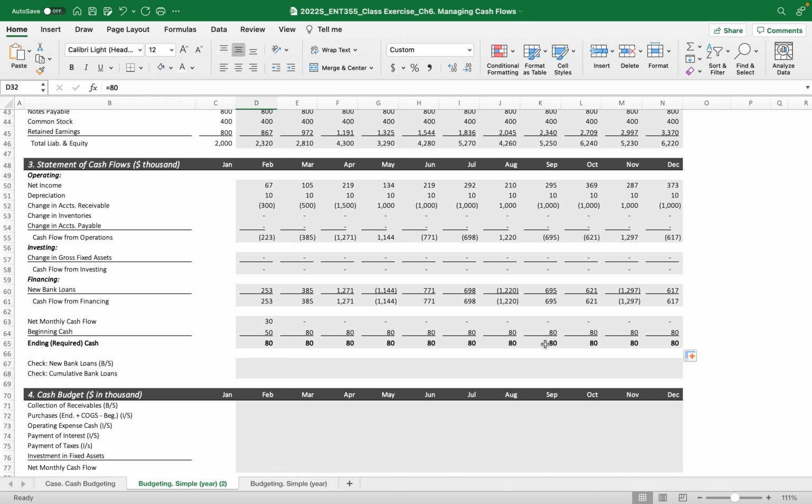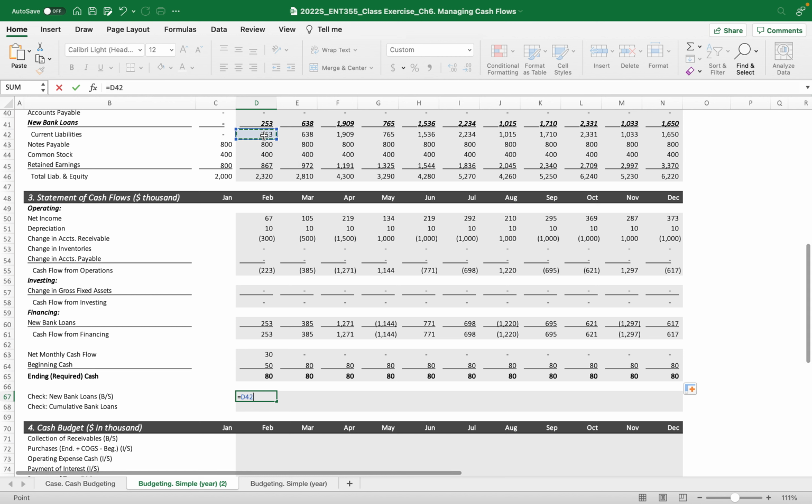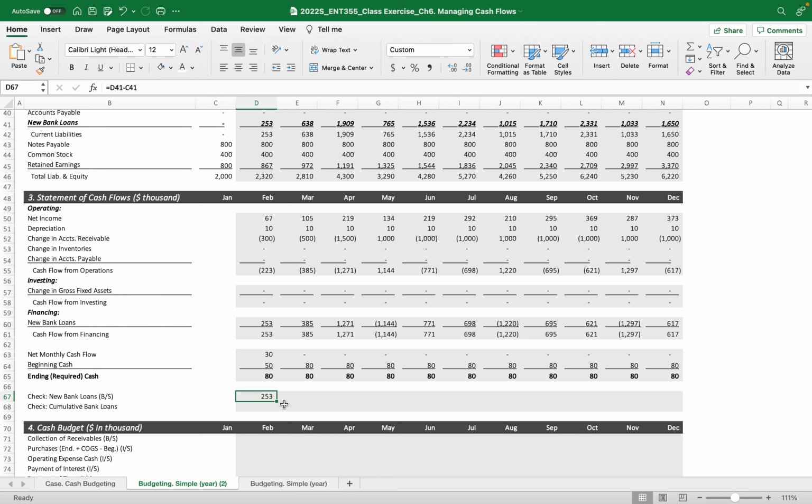And then let's double check the bank loans. How much bank loan we need from the balance sheet. Again, here the bank loan increased, minus. Let's drag one more, and yes, that is the right amount, exactly the same as the new bank loans here. And then the cumulative bank loan amount.